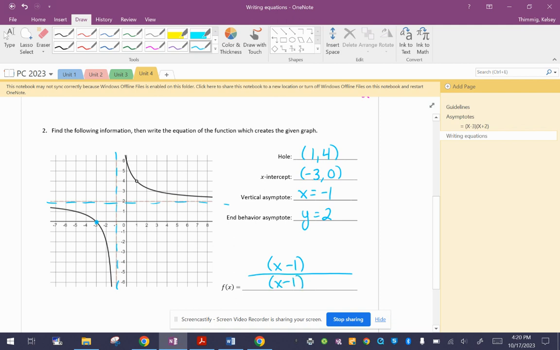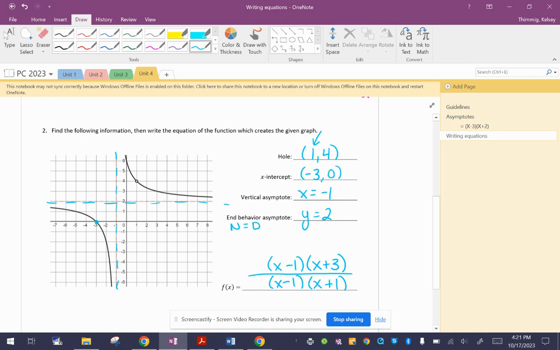Since our hole is at (1, 4), I know that has to have a common factor at the x value of the hole. So I'm going to have an x minus 1 in both the numerator and the denominator. The x-intercept is -3. That is going to be a factor in the numerator. Vertical asymptote is at -1, so I'm going to have a factor in the denominator that goes with my vertical asymptote. And again, the end behavior asymptote is a number.